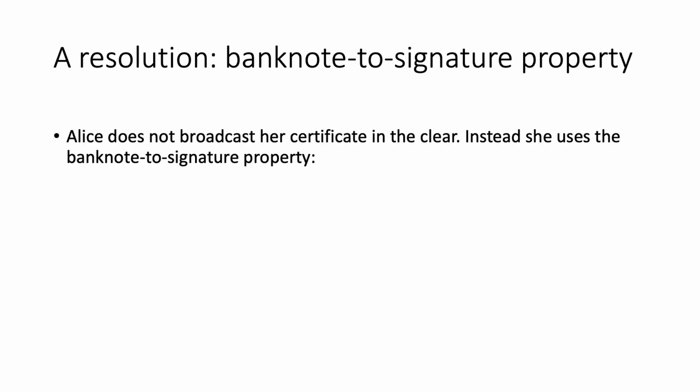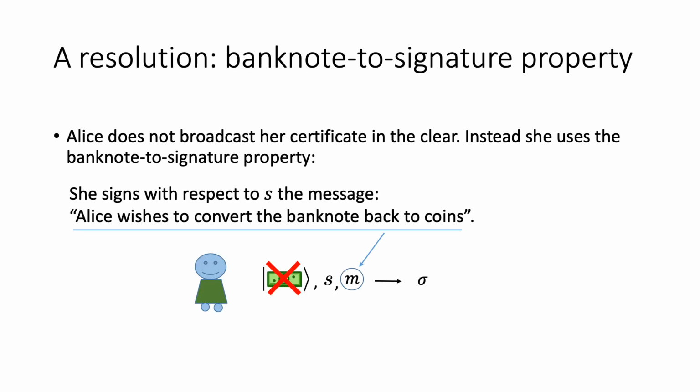Now, it should be quite natural to see how this property can be used to resolve the practical issue that we were discussing earlier. Instead of broadcasting her certificate in the clear, which could lead to it being stolen, Alice instead uses the banknote-to-signature property. So she broadcasts a signature with respect to serial number S of the message, for example, that Alice wishes to convert her banknote back to coins.